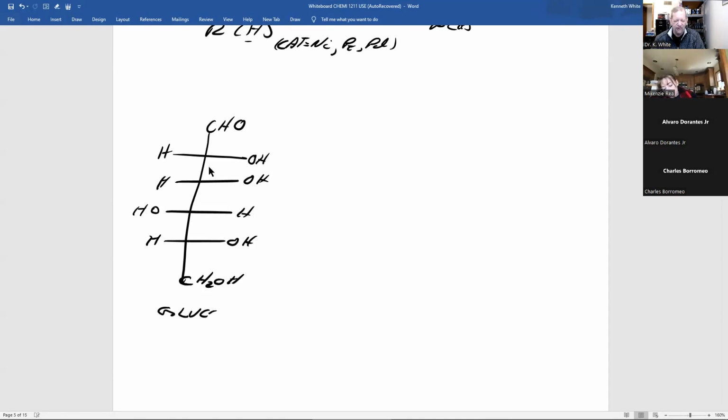Again, this is glucose, and I'll never ask you to draw the structure in a nomenclature question on a test or the final. But if you take glucose and react it with hydrogen and a nickel catalyst, what would be the product? 3 points each.